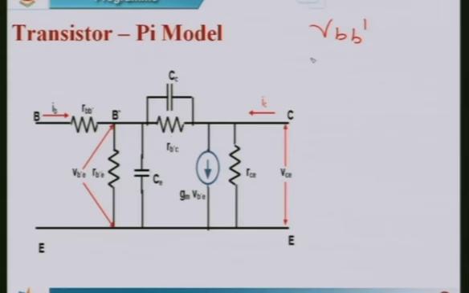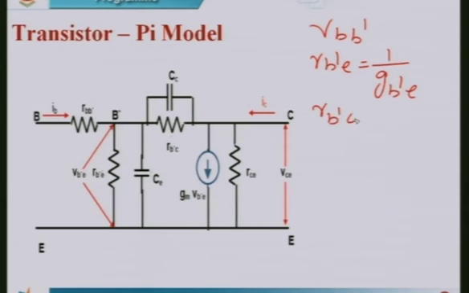R B dash E is the resistance between the base and the emitter, and instead of a resistance, normally we measure it in terms of conductance. This is also equal to G B dash E, which is nothing but the conductance between the base and emitter.